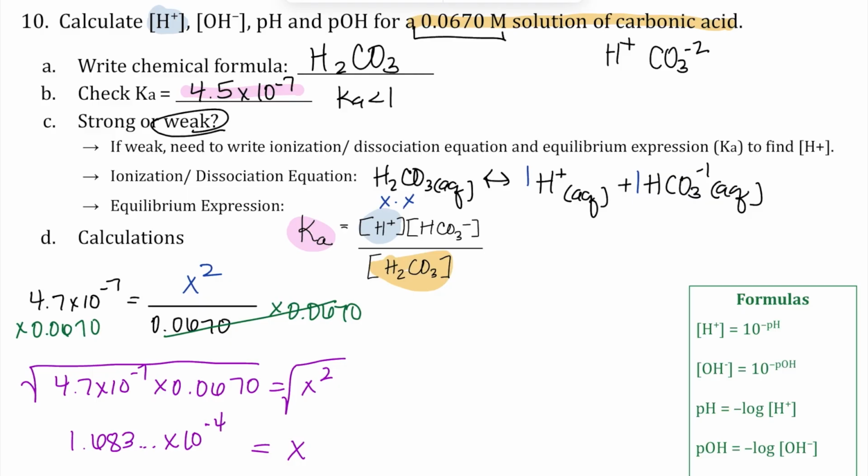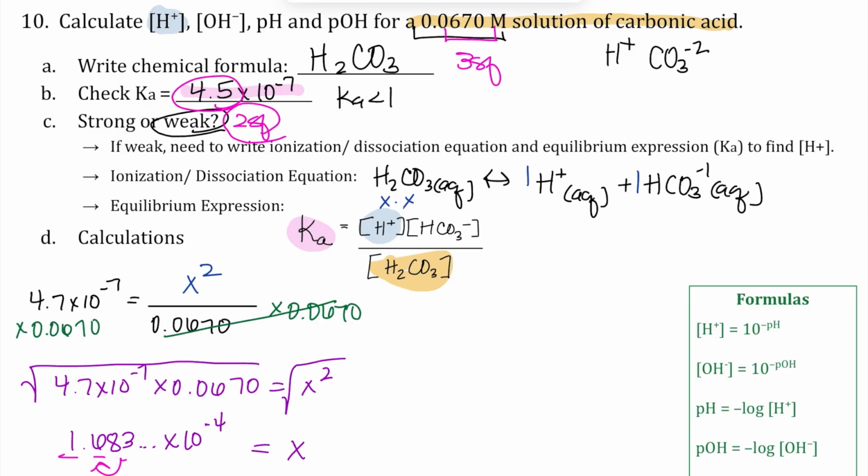Let's look at what sig figs we want. We had both our Ka value and our concentration in here. My Ka value has 2 sig figs. My concentration has 3 sig figs. I want the least of those, so 2 sig figs is what we're going to want. So we're going to keep 1.68, and that 8 is going to round that 6 up.